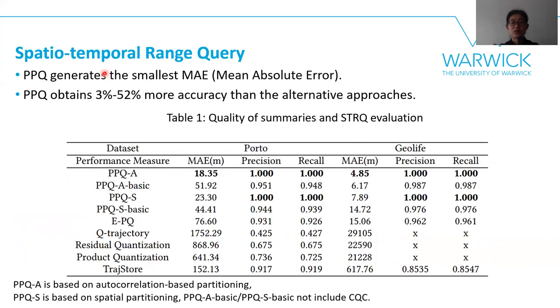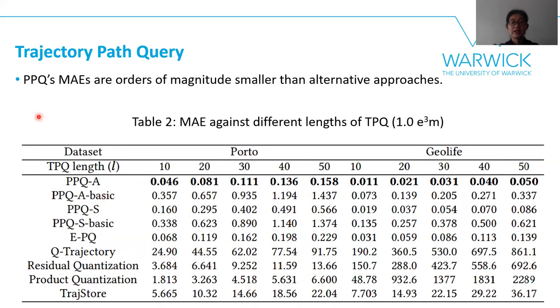For the spatial-temporal range query, our solution has the smallest mean absolute error, and it can achieve up to 55 times more accuracy than the alternative approaches, specifically with local coding and a local search strategy. PPQ-A and PPQ-IS can get precision 1 by checking a smaller candidate list. We also evaluate the performance of the trajectory path query against different prediction lengths.